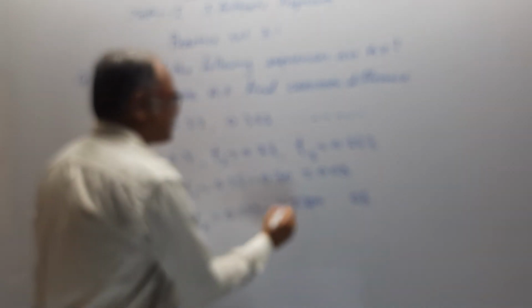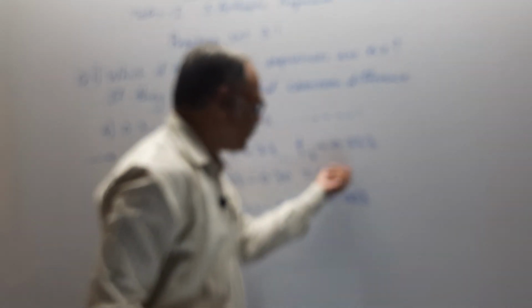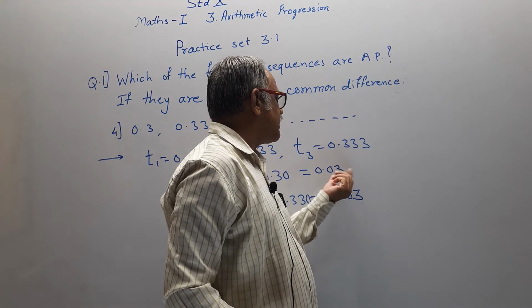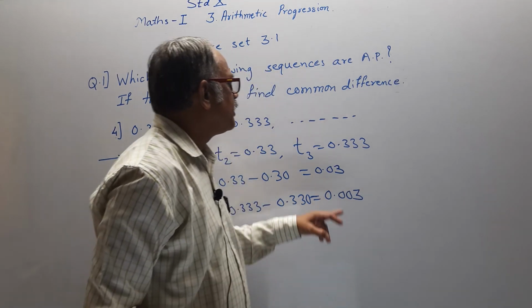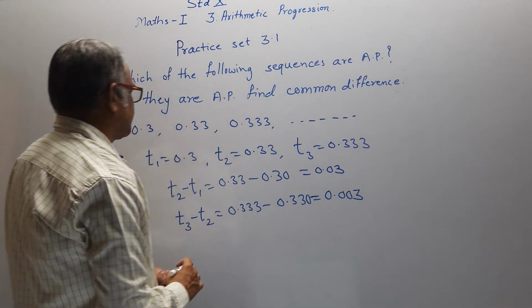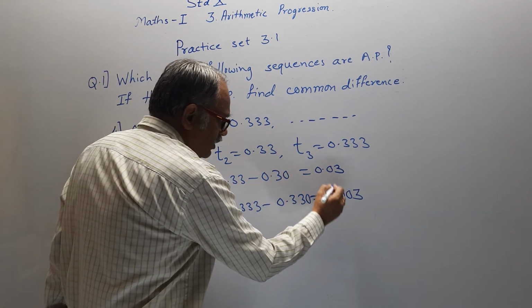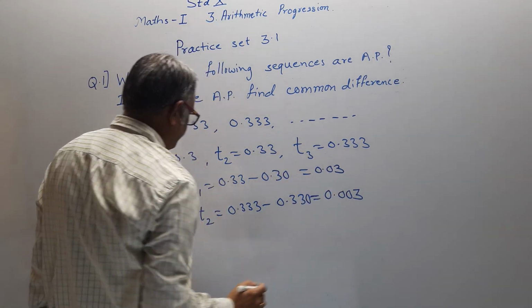Second decimal 3 minus 3, 0. First decimal 3 minus 3, 0. Now are they equal? 0.03 means 3 upon 100. 0.003 means 3 upon 1000. It is the second decimal 3 versus the third decimal 3. So it is not the same.